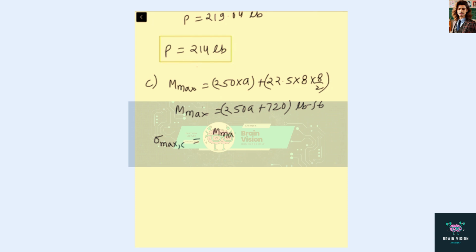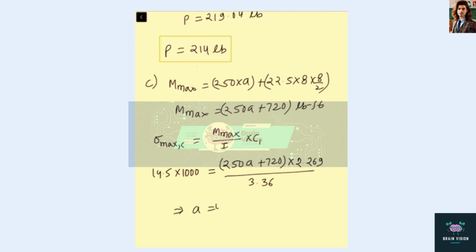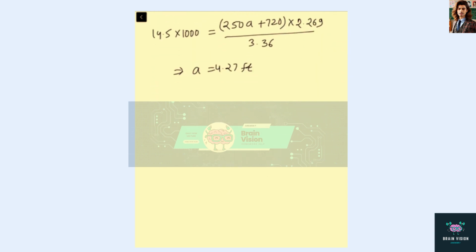Okay, so the maximum compressive stress here will be sigma max compressive equals Mmax divided by I multiplied by C1. So sigma maximum compressive will be equal to 14.5 ksi, multiplied by 1000 to convert into psi, and Mmax is 250a plus 720 multiplied by C1 is 2.269 divided by I is 3.36. So from here after solving we get a equals 4.27 feet.